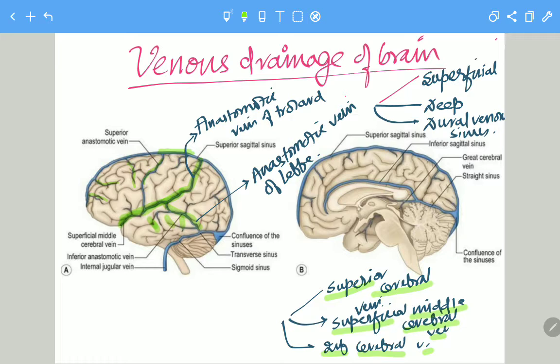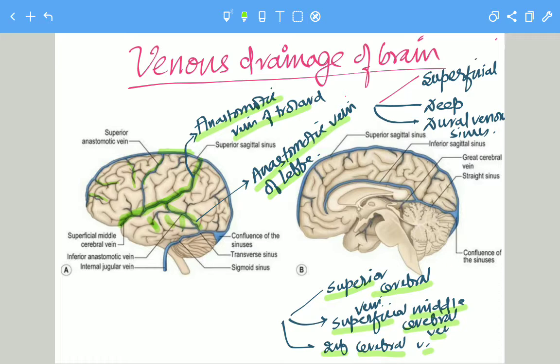And there are two anastomotic veins which connect the superficial middle cerebral vein to the superior sagittal sinus and the transverse sinus respectively: the anastomotic vein of Trolard and the anastomotic vein of Labbé. So this, in short, is the superficial venous drainage of the brain on the lateral surface.